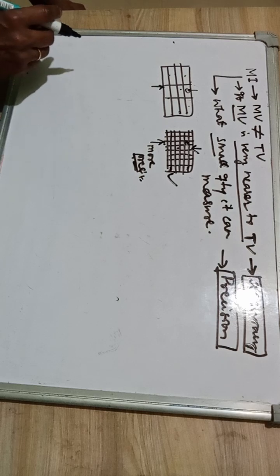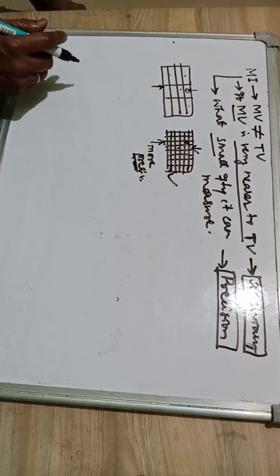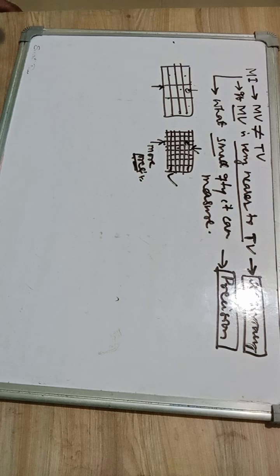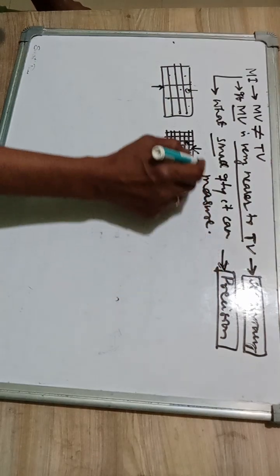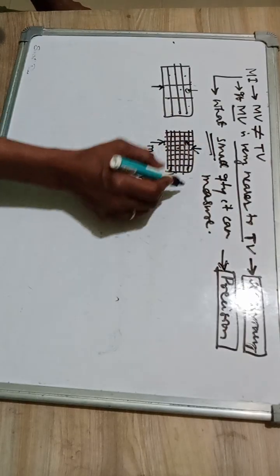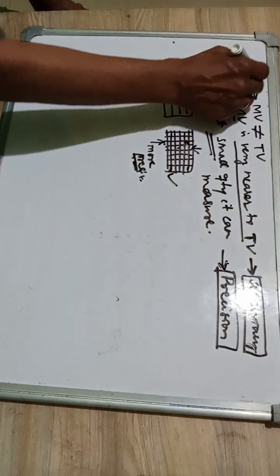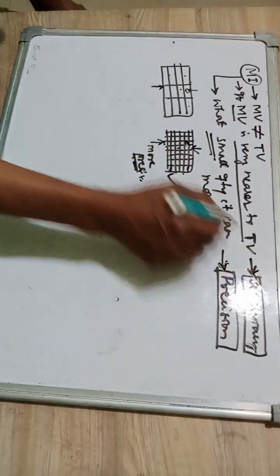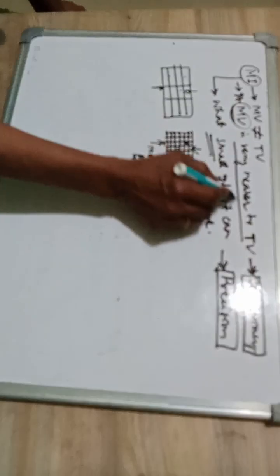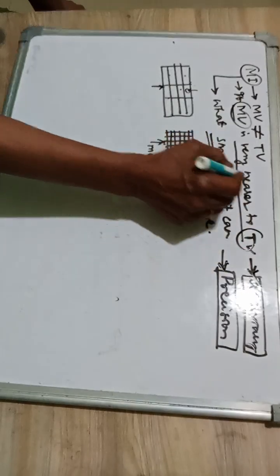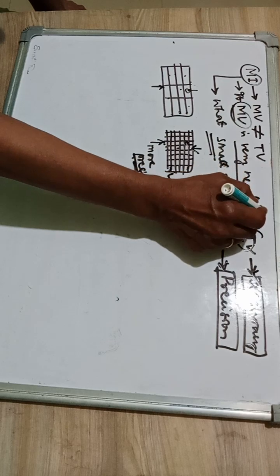Beyond that, it cannot measure anything smaller. Hence, precision is the smallest quantity that can be measured by a measuring instrument. Accuracy of a measuring instrument is how close the measured value is to the true value.